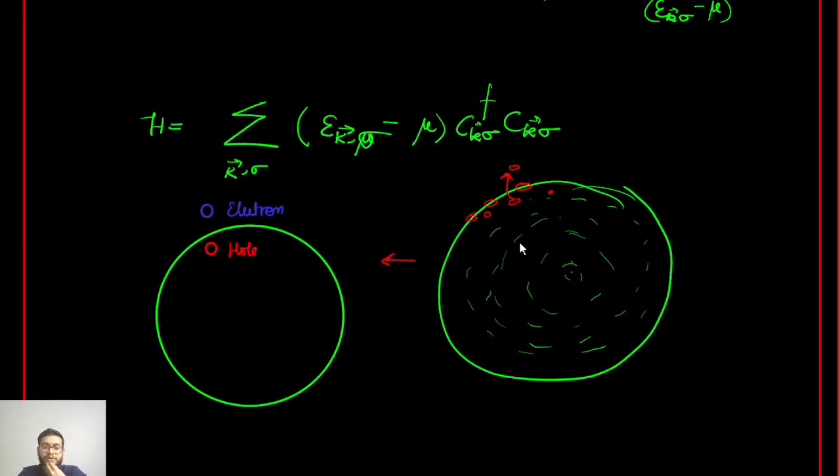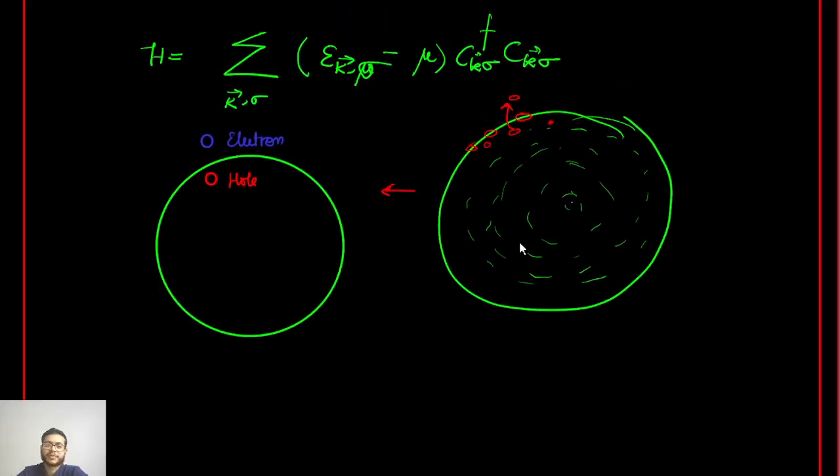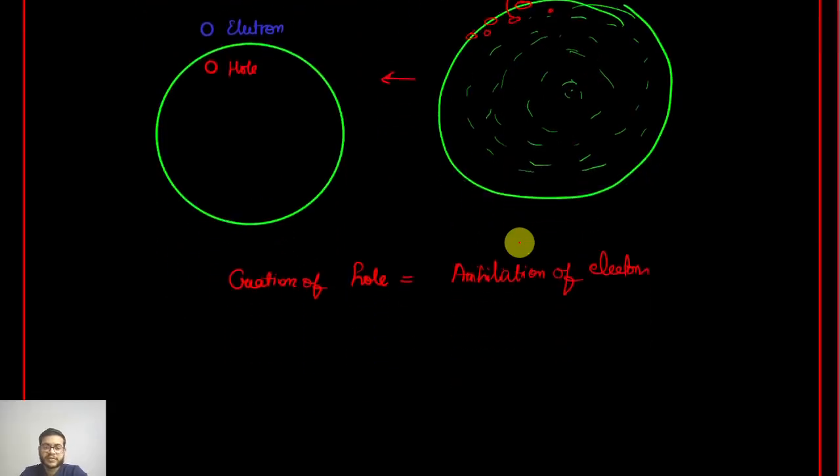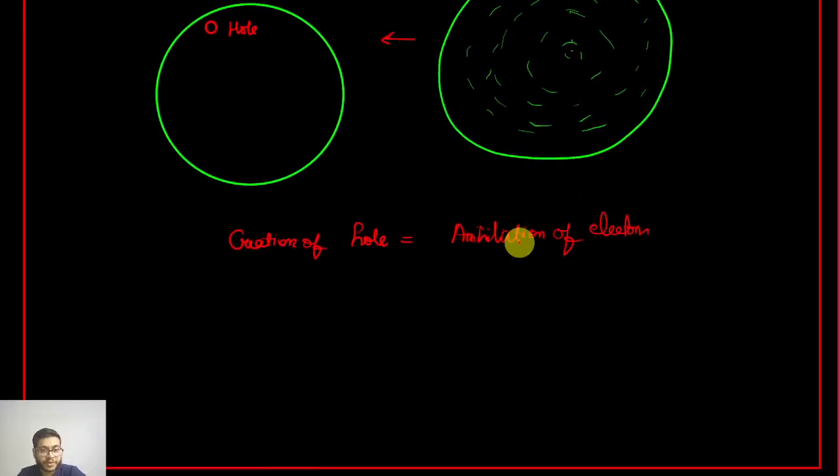Okay, so now if we say that creation of a hole equals annihilation of an electron, right? If you annihilate an electron, you get a hole. So let's define the hole creation operator.